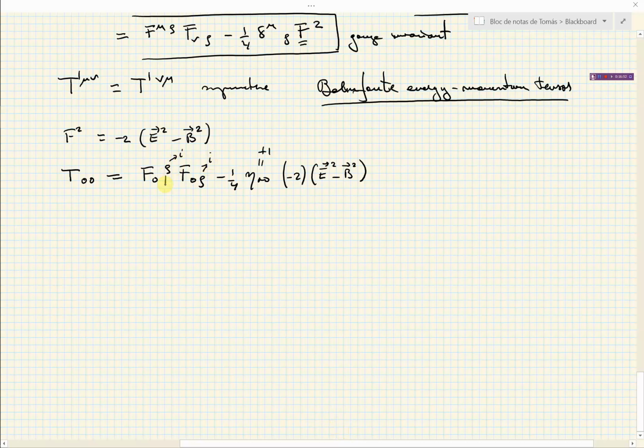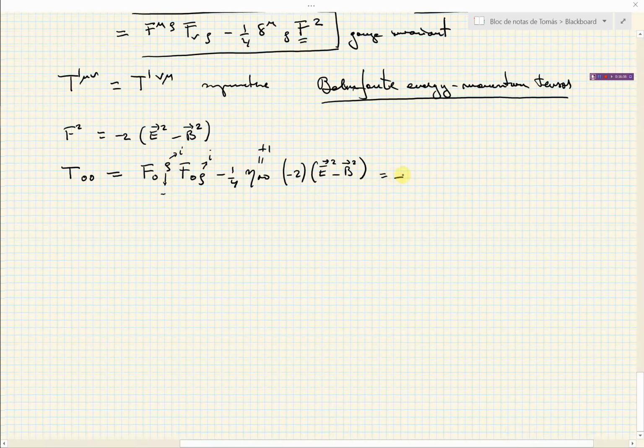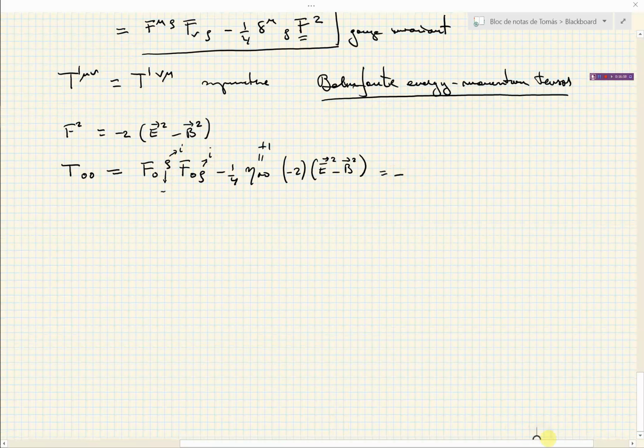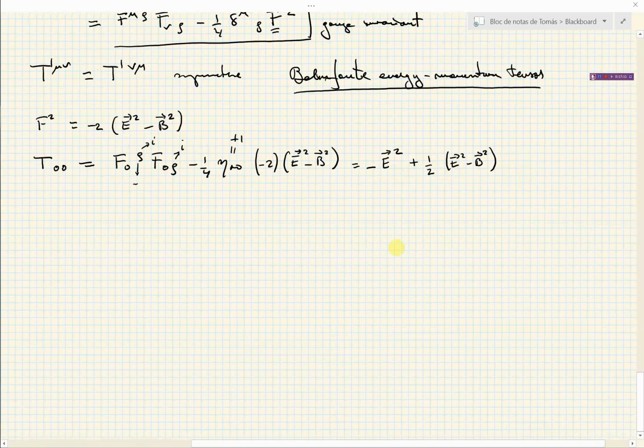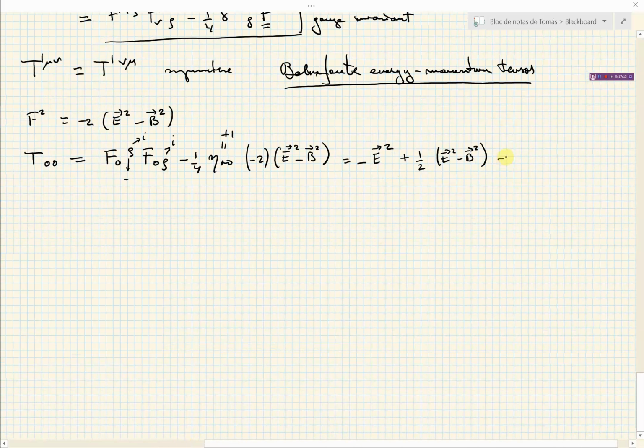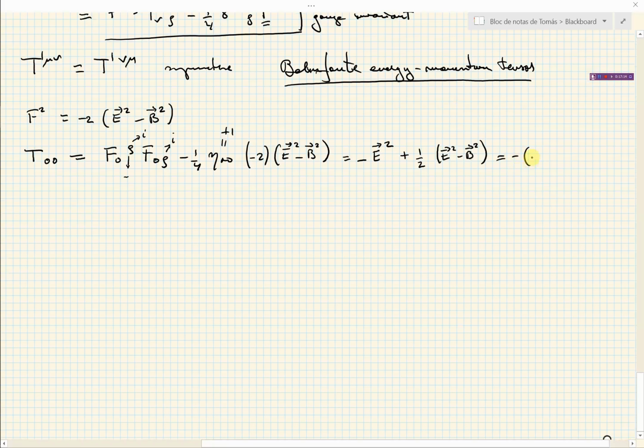Then if I lower the index, I get a minus sign, so this is minus Ei, and this is minus E squared, and here I have plus 1/2 of (E squared minus B squared), and then I get minus (E squared plus B squared).